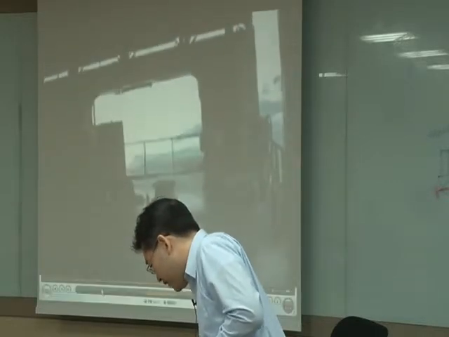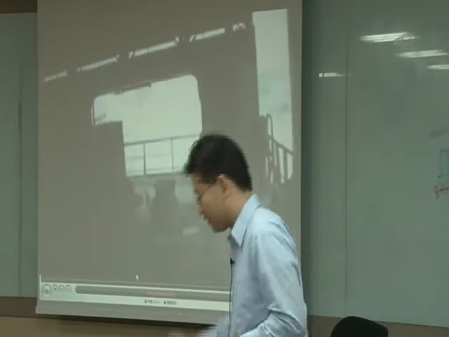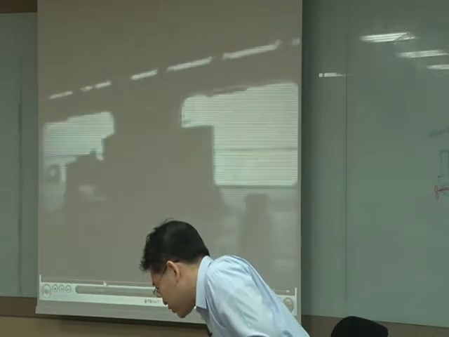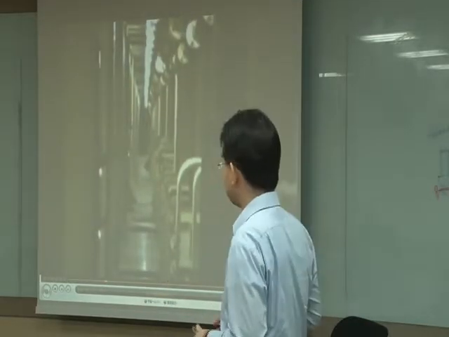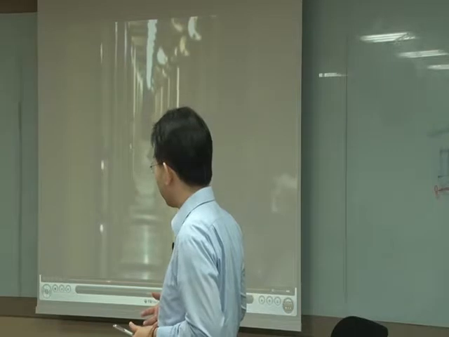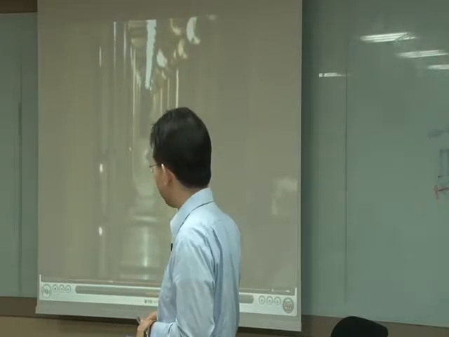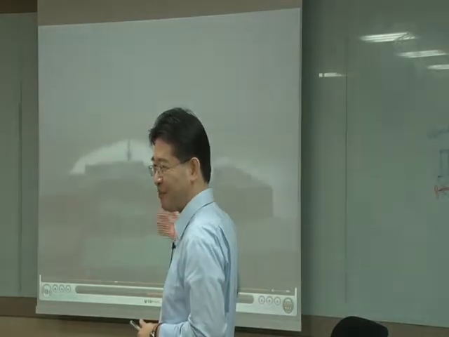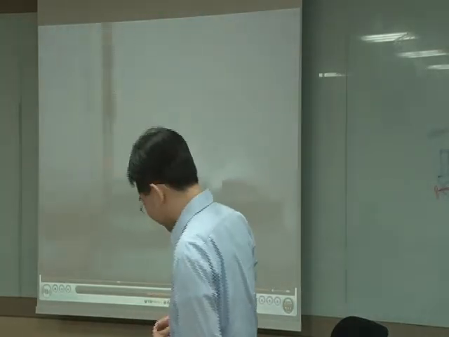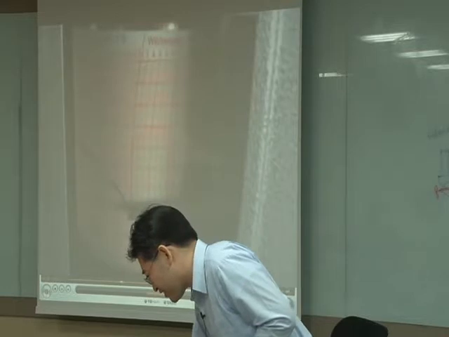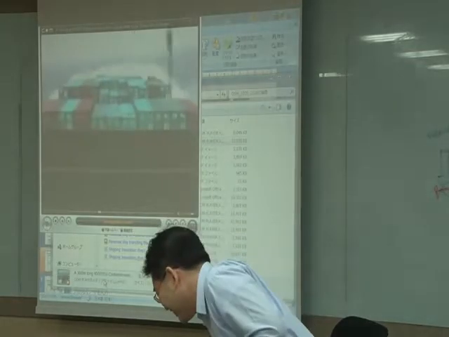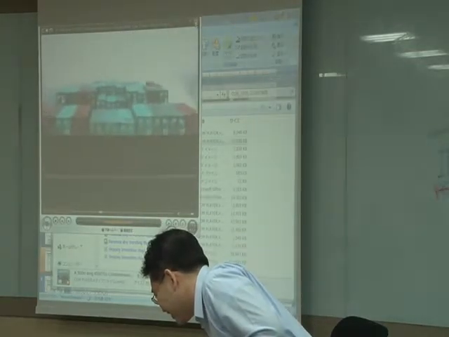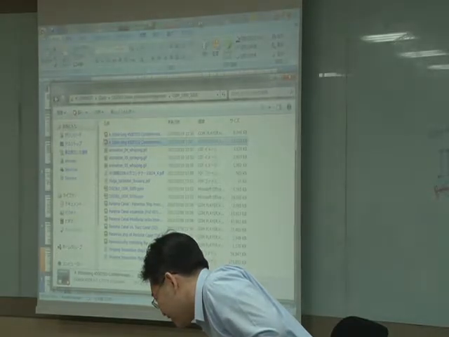So actually what I'd like to show is the condition of this one. If you are employed in shipbuilding companies, you will have the opportunity of seeing this, but I think it is not a happy experience.